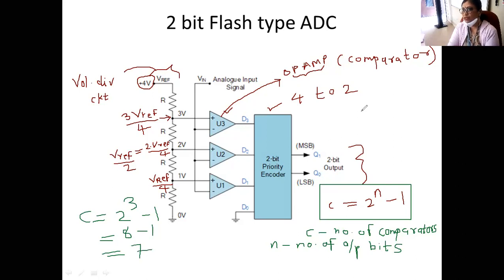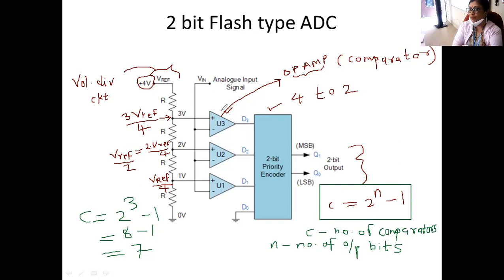Okay. Now suppose if we want a 4-bit flash type ADC, then how many comparators will we require? Yes, tell me how many comparators we will require for a 4-bit ADC. 15.